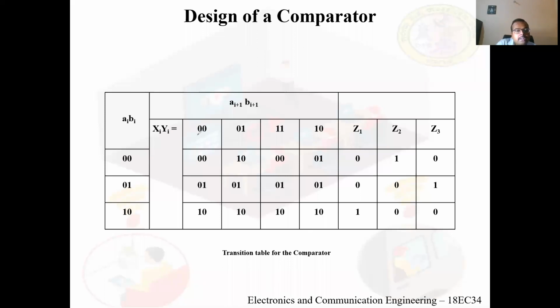Now we have here xi, yi, and this is ai, bi. The values we have are 0,0, 0,1 and 1,0. We don't have 1,1, since for the 1,1 condition we put x, which is nothing but the don't care terms in the K-map. Now, for the next state equation for ai plus 1, we substitute these values in the K-map.